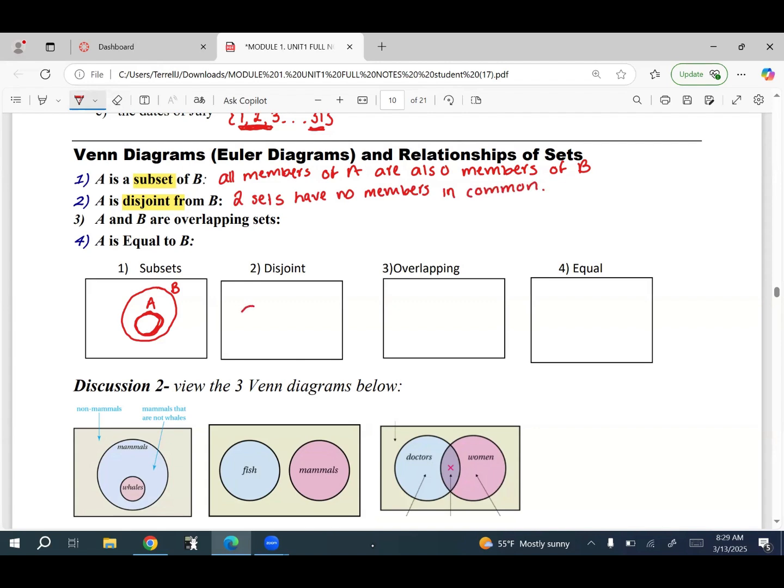So that would look like this. You have set A and you have set B, and they are separate from each other. Again, that is what disjoint means.